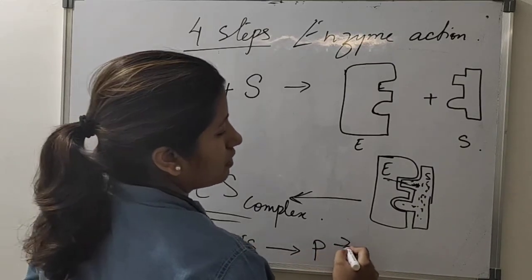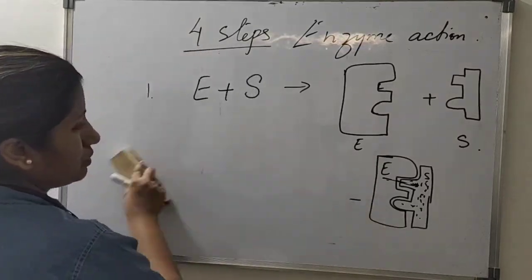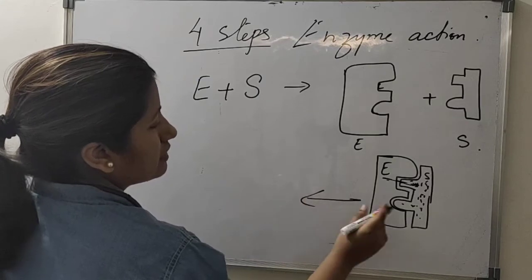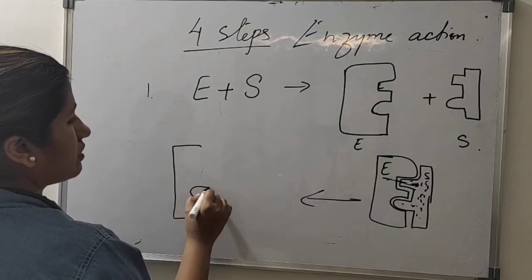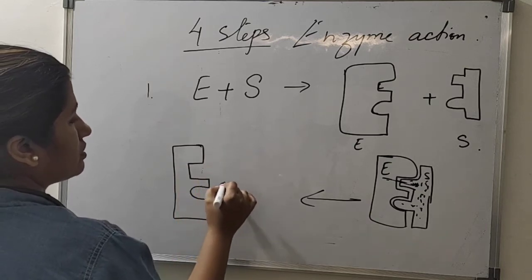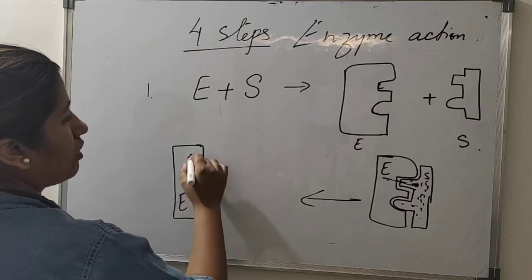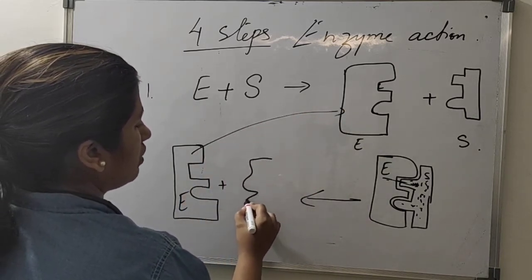When it detaches, let me do the structure here. When the ES complex separates, the enzyme does not change. As we have studied from the properties of enzyme, enzymes do not change. It remains the same like how it was before. But the substrate will change into a product.